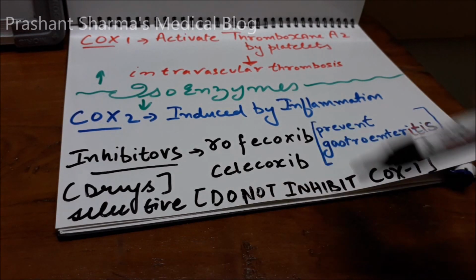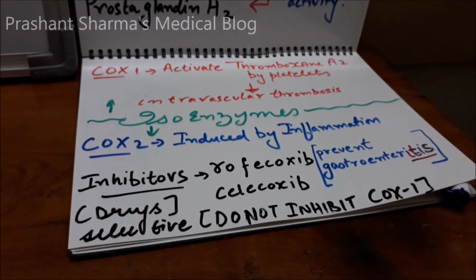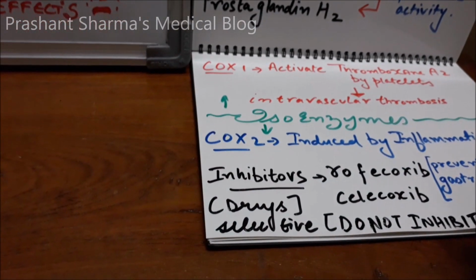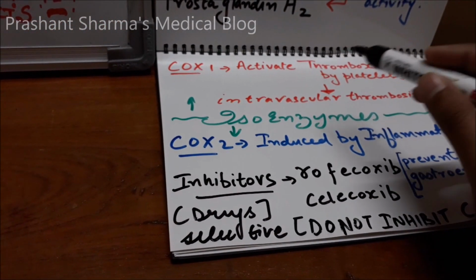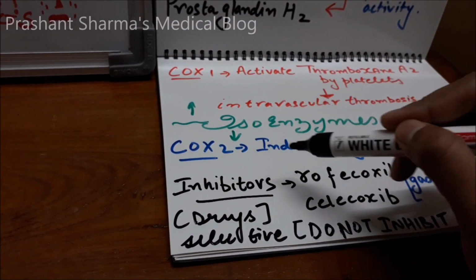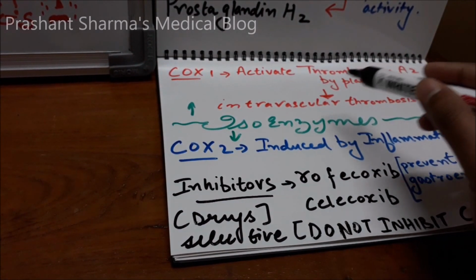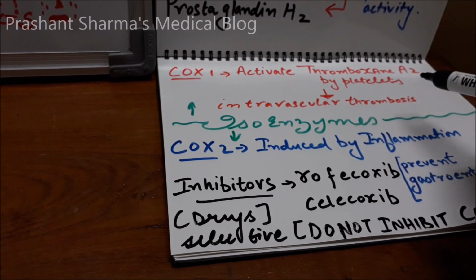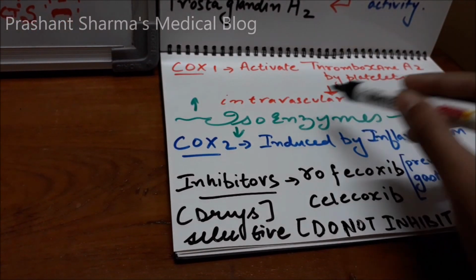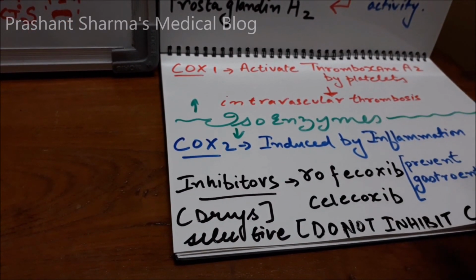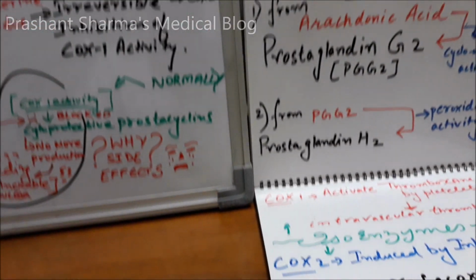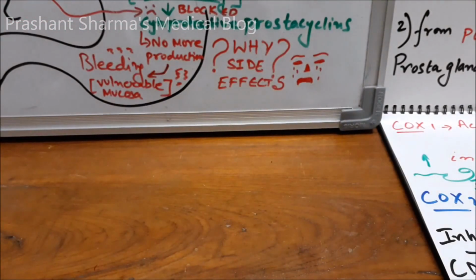These are the drugs which do not inhibit COX-1. So you need to understand the basic mechanism of COX-1 and COX-2: COX-1 activity activates thromboxane A2 in platelets, which further promotes intravascular thrombosis, and COX-2 is induced by inflammation, which gives rise to the further cascade of reactions.